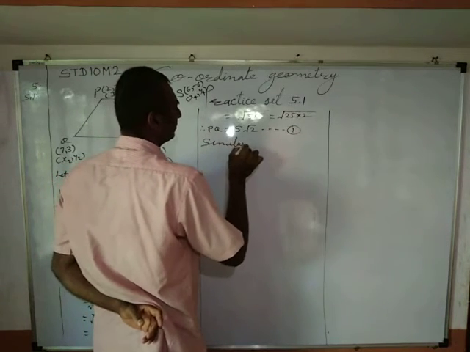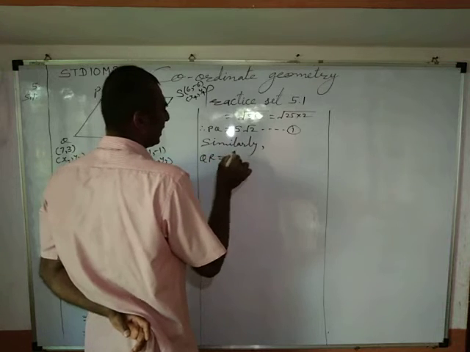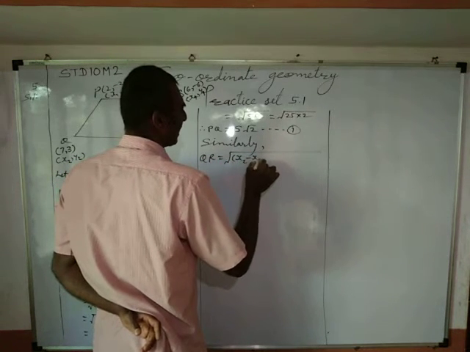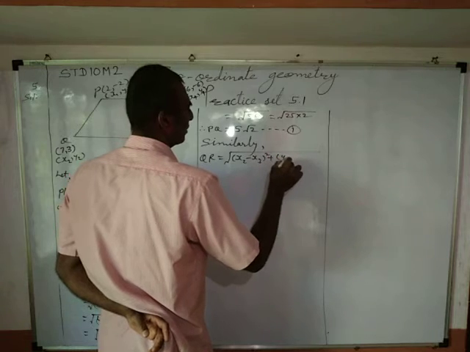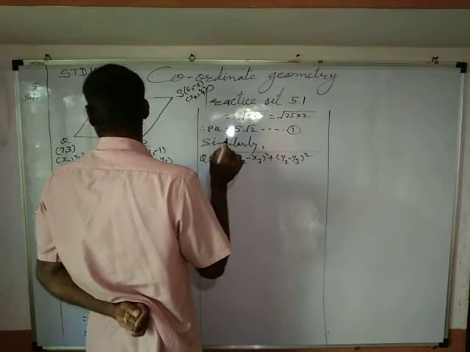Similarly, QR equals under root (x2 minus x3) square plus (y2 minus y3) square.